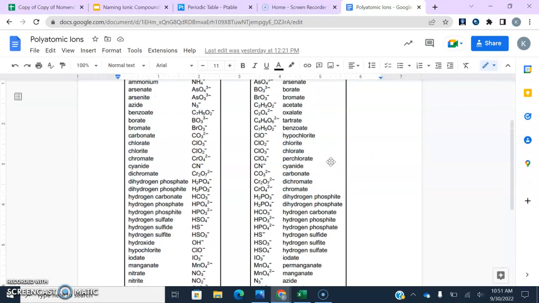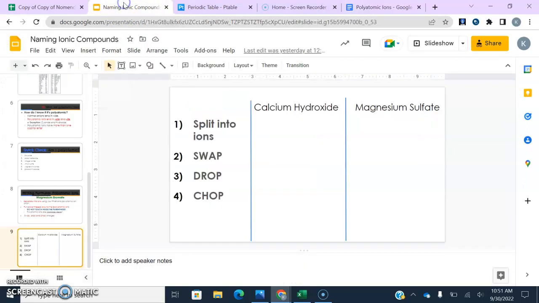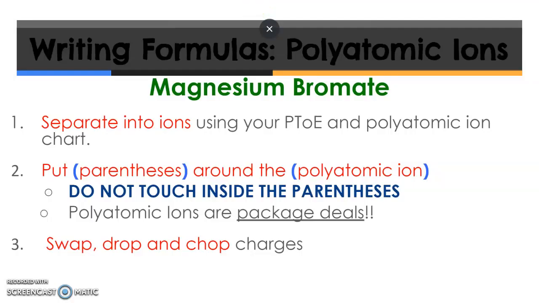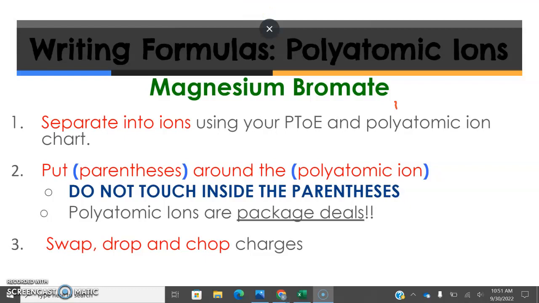Let's see where it is. Bromate, right here. So bromate is BrO3, and the charge is 1-. So let's come back here and do this one again. Bromate is BrO3, 1-, and then magnesium is Mg, 2+.